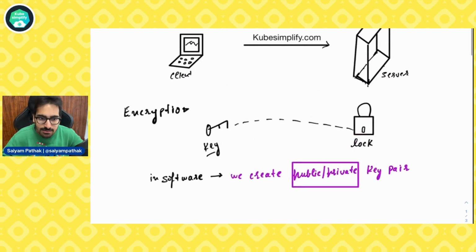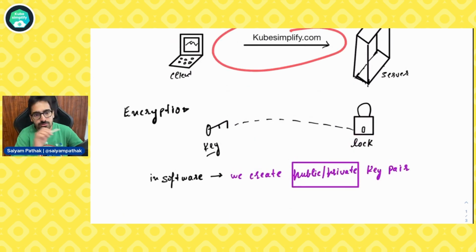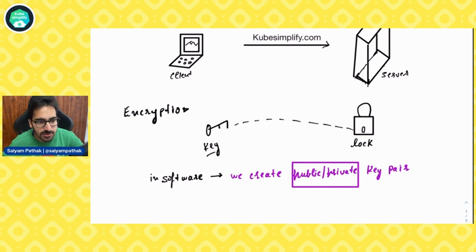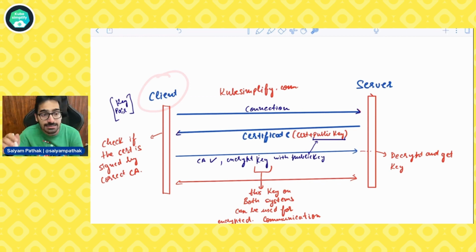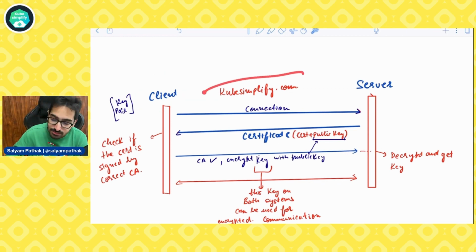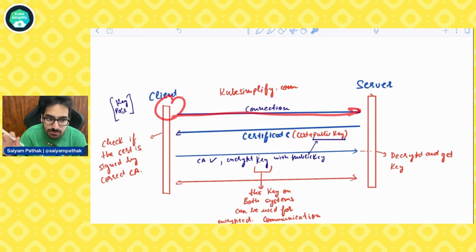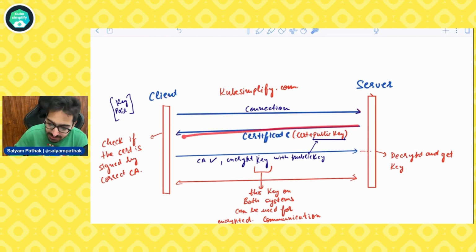Now let's take the example that we just did, of the client connecting to the server, kubesimplify.com, step by step. You have the client, which is the actual machine that you're on. You're hitting kubesimplify.com and it's going to the server. The first step is the client trying to establish a connection with the server. Now what the server does is it sends a certificate, and we'll say more about how the certificate is actually created.